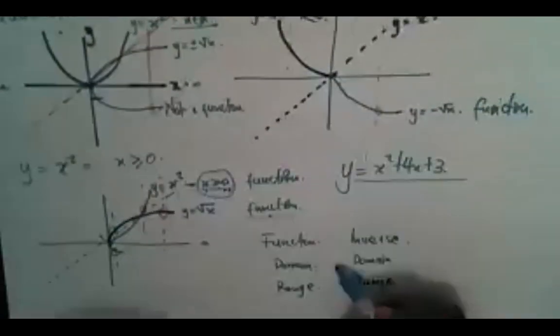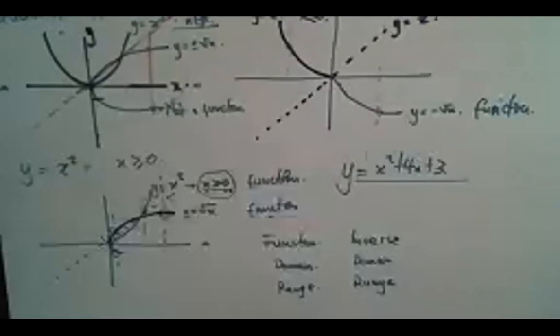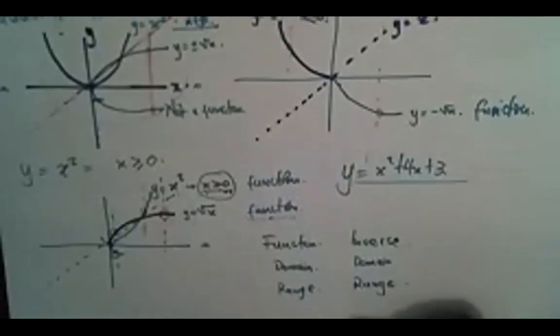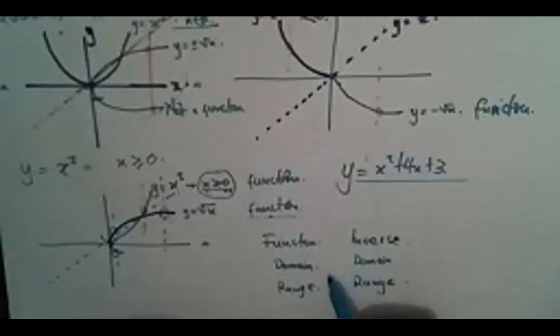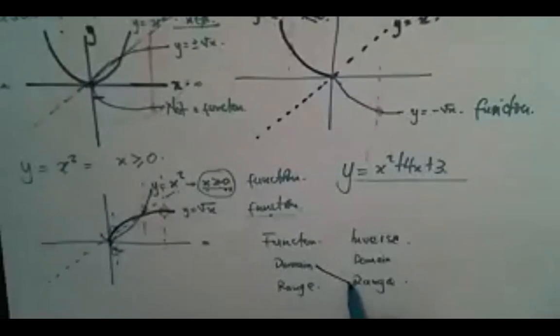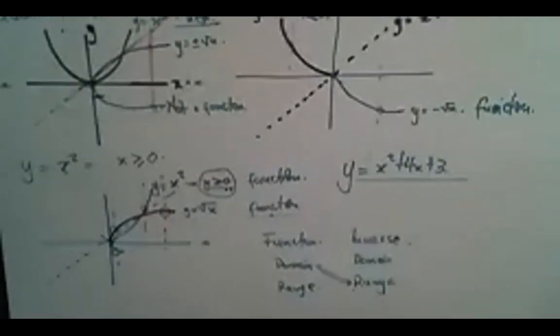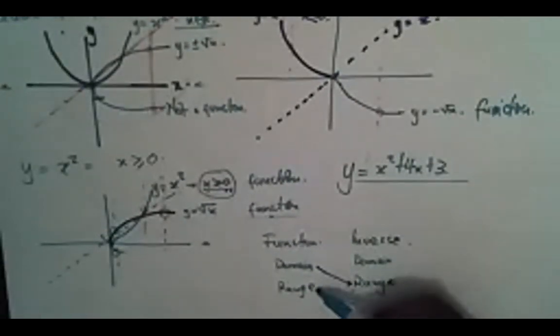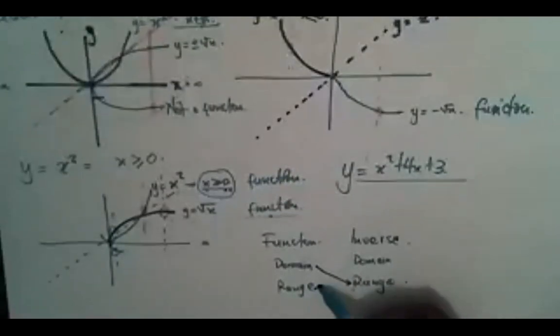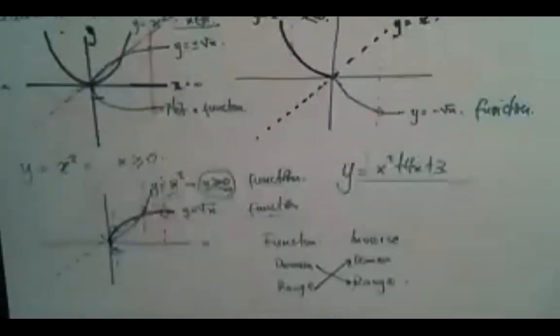Now, we shall prove it just now. The domain of the function becomes the range of the inverse. And the range of the inverse becomes the domain of this function.